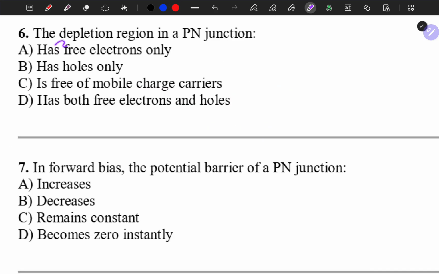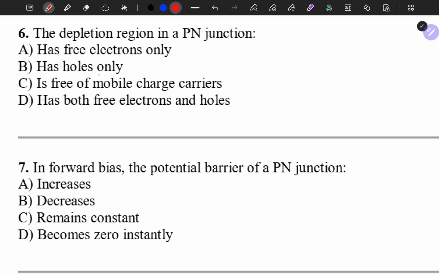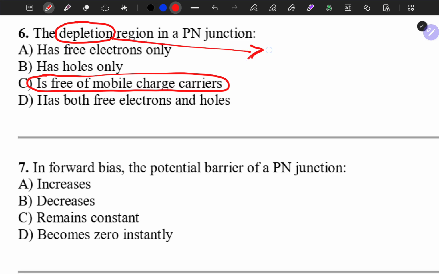The next question is: the depletion region in a PN junction has free electrons only, has holes only, is free of mobile charge carriers, or has both free electrons and holes. Here the correct option is free from mobile charge carriers, because depletion means that the free charge carriers have vanished, and this region carries only, I will write it here, positive and negative ions.